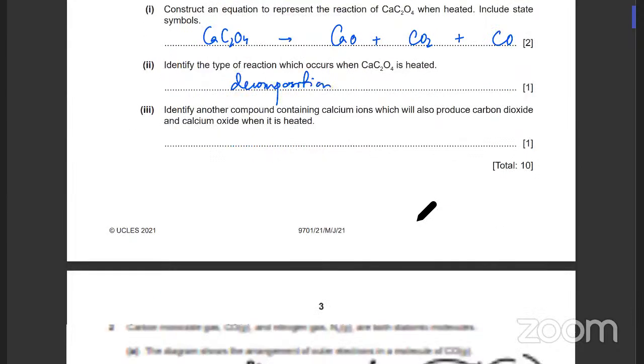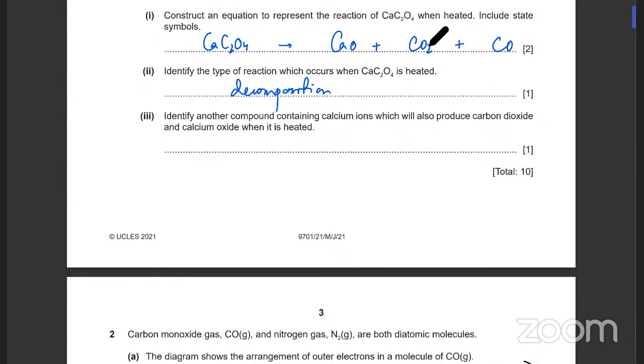So disproportionation is when the same element goes into 2 different oxidation states, gets reduced and oxidized. Actually, identify another compound containing calcium ions, which will also produce carbon dioxide. So that's the decomposition of carbonates. Carbonates would do that. So they will also produce calcium oxide when heated. So that's the last one.